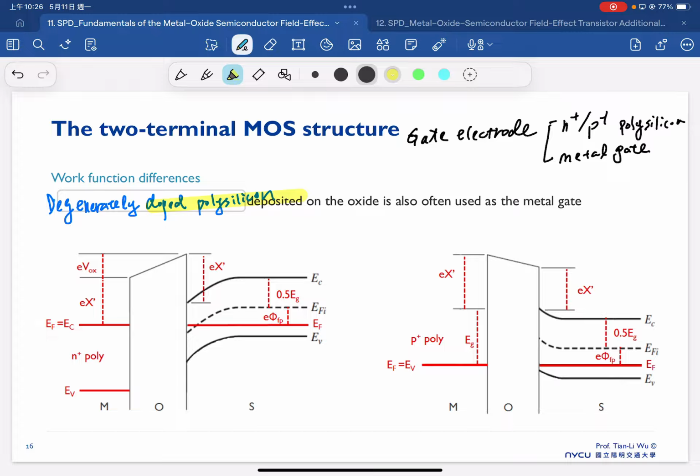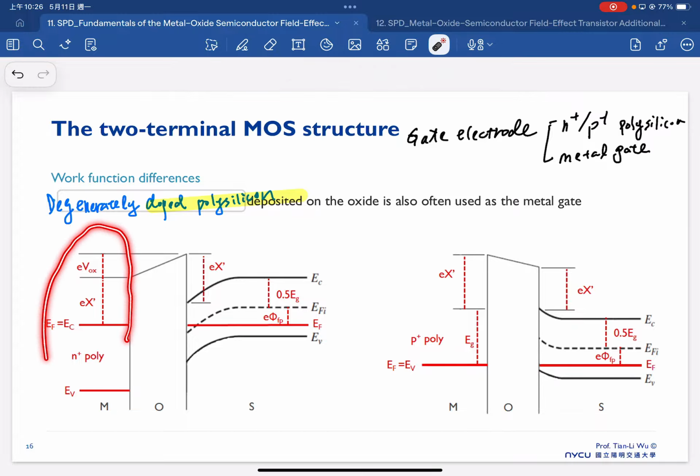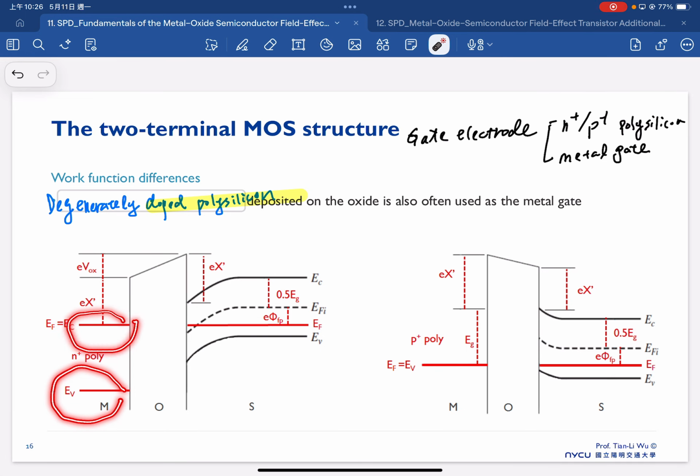So if we consider the doped polysilicon, then you should also consider that on the metal side, we have this kind of band. We still have the valence band, we still have the conduction band, but because this is a degenerate type, our Fermi energy is equal to the conduction band.